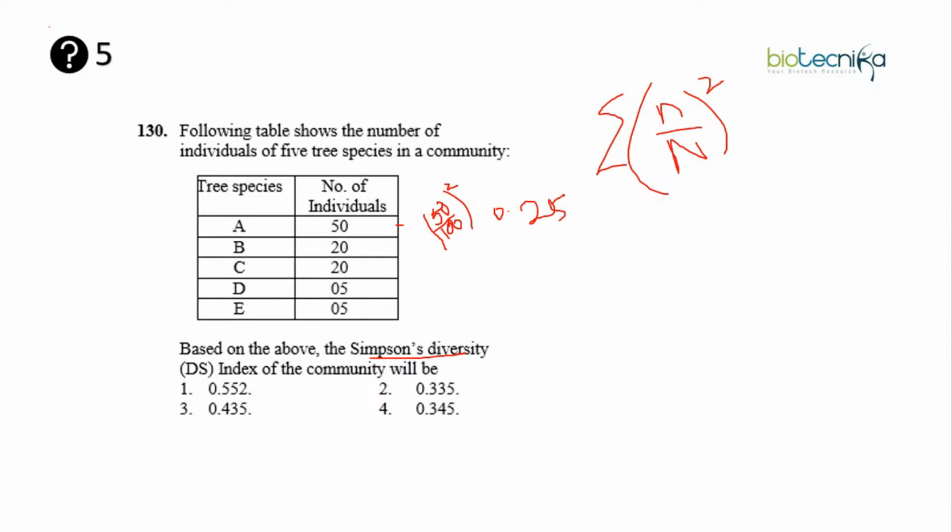Are you able to follow? Okay. Saritha is saying option 2. Others, are you able to follow? So you find out for each and then you do a summation. The correct answer is option 2.